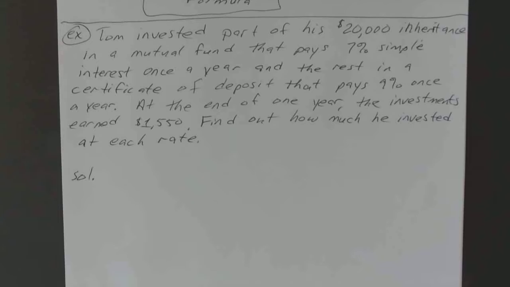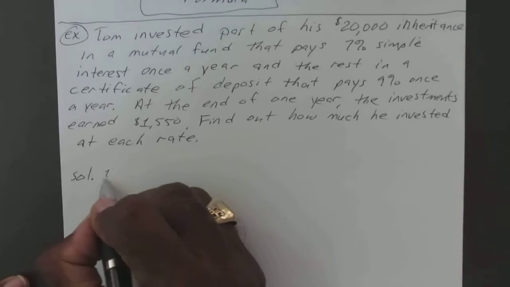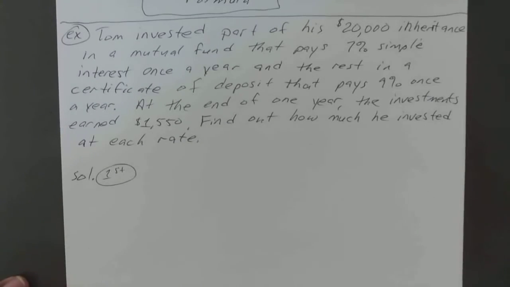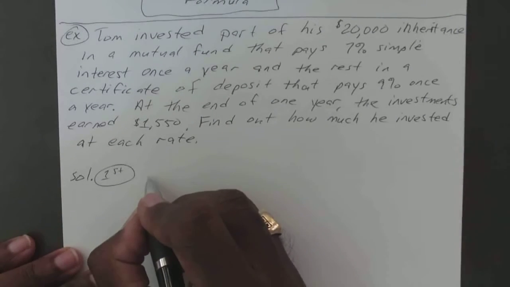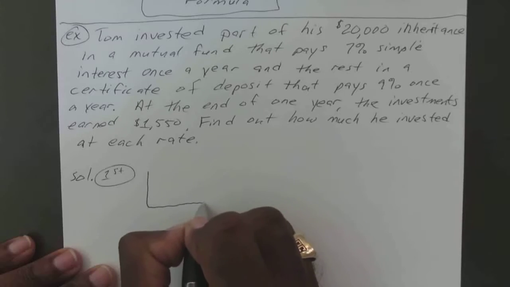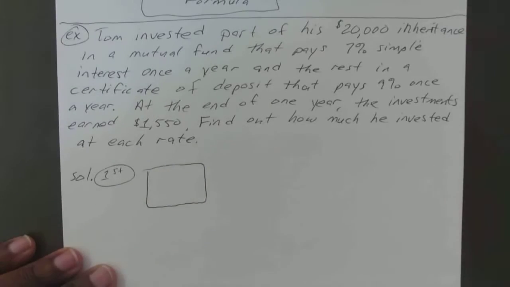So if we want to know how much he invested into each one of those, one pays 7%, one pays 9%. We know the amount of interest he earned was $1,550, but we want to know how much he earned from each one. So we can just draw our picture.